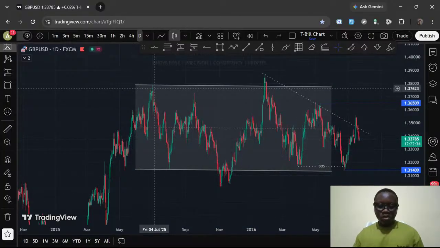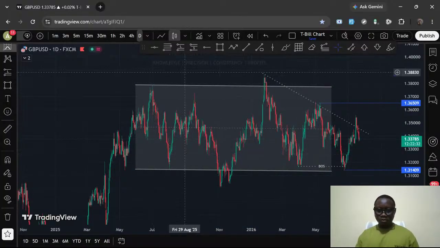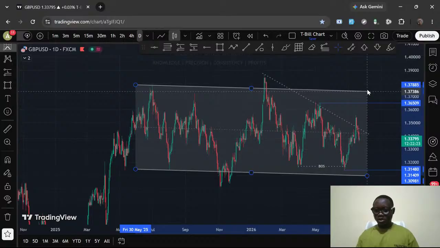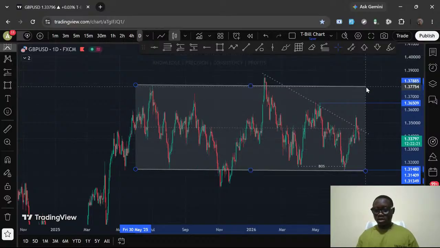This ranging price has just been going up and down, hitting the high and low, and low and high, basically. So price has literally been ranging. GBPUSD has literally been ranging.